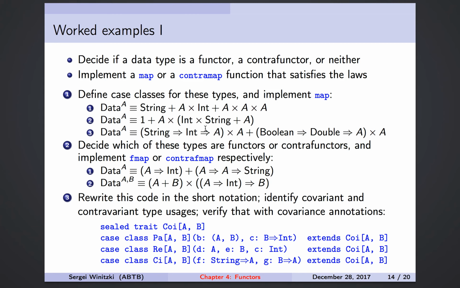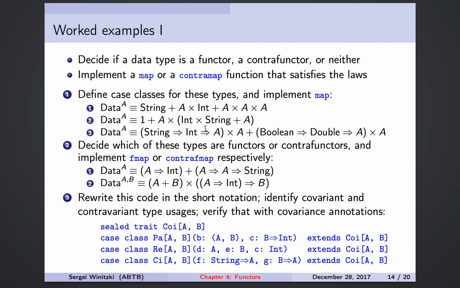neither of these two. So to decide that, we look at the data type, write it down in the short notation, and see if there is any type parameter to the left of the arrow which is consumed, and to the right of the arrow or without an arrow which is either produced or which is already there.